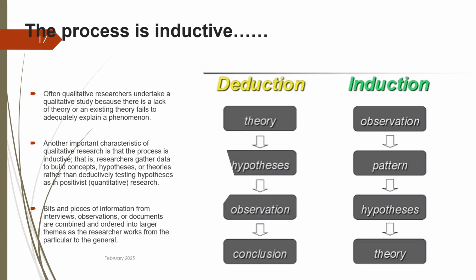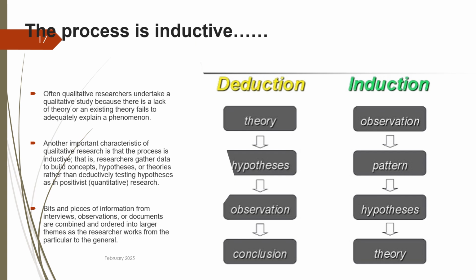The third point about qualitative research is that it is an inductive process. Often, qualitative researchers undertake a qualitative study because there is a lack of theory or an existing theory fails to adequately explain a phenomenon. So one of the main purposes of qualitative research is when you don't have a theory for a particular issue, and theory is very important to understand some topics.